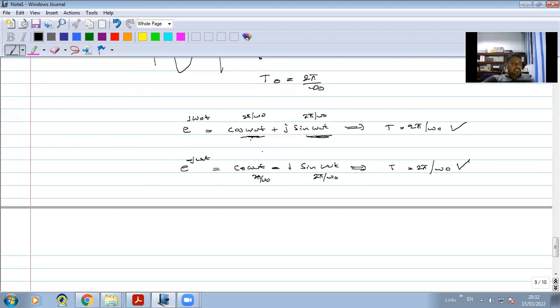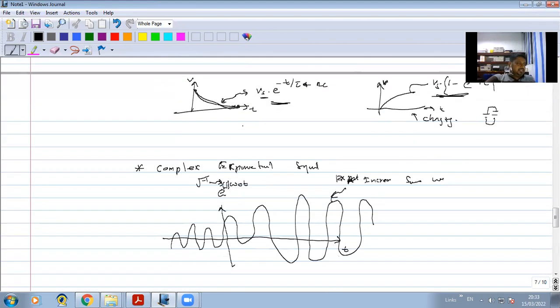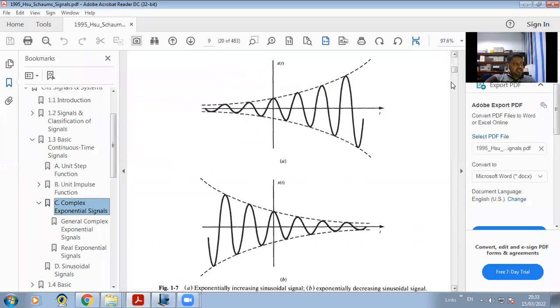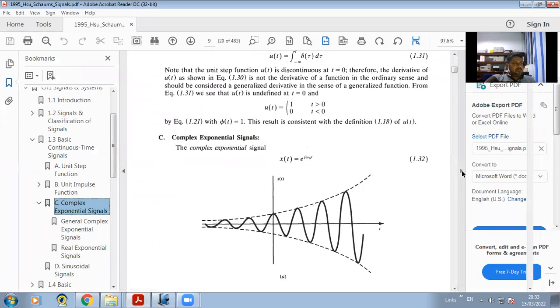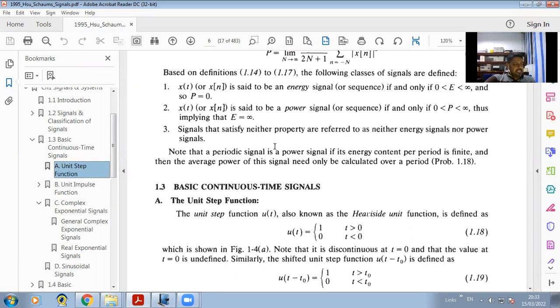So these are the basic things we have to learn about the basic signals. Okay, so I will again summarize the things that we have learned. I will use our primary textbook, because the graphs are clear here.